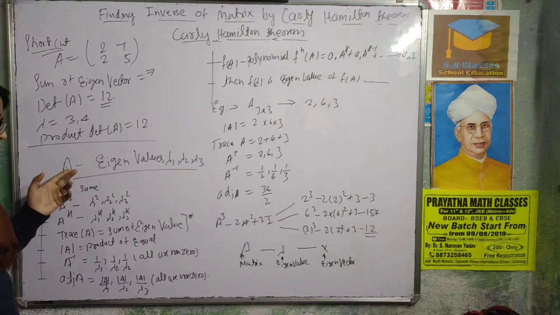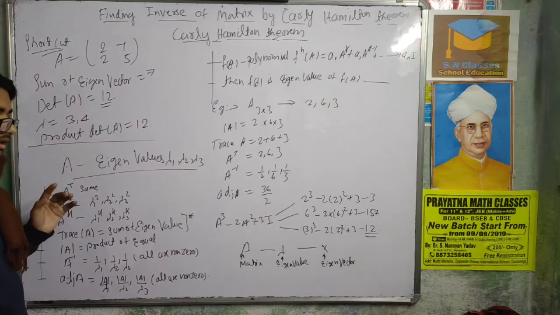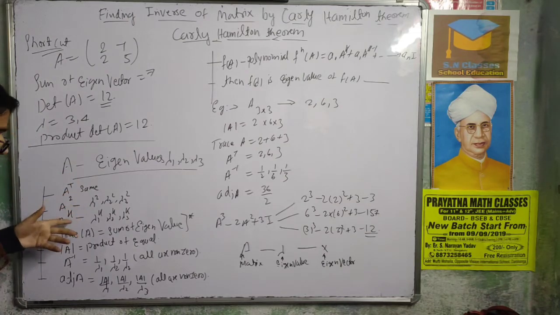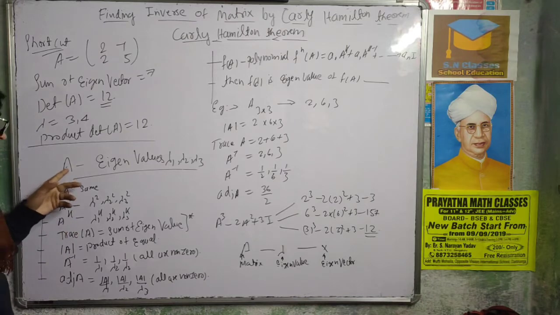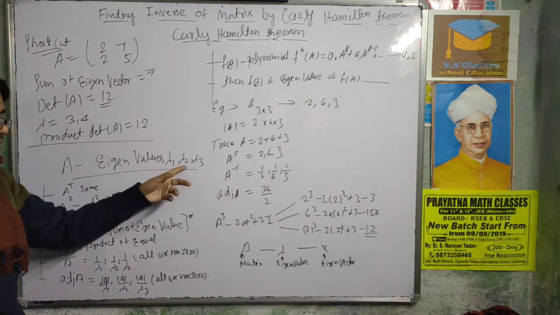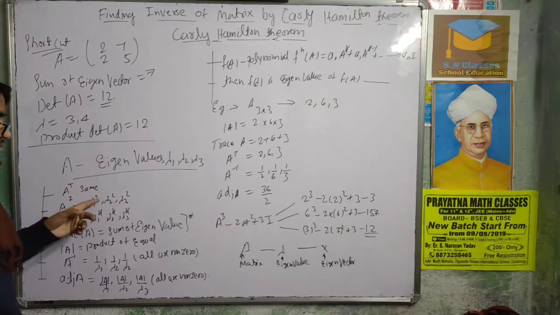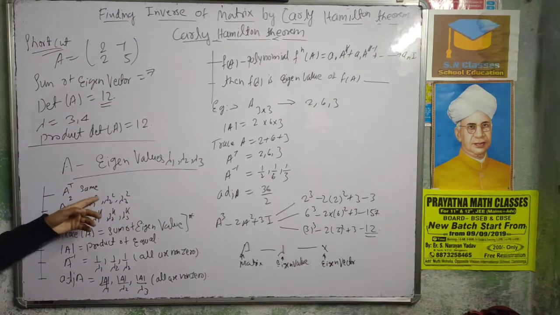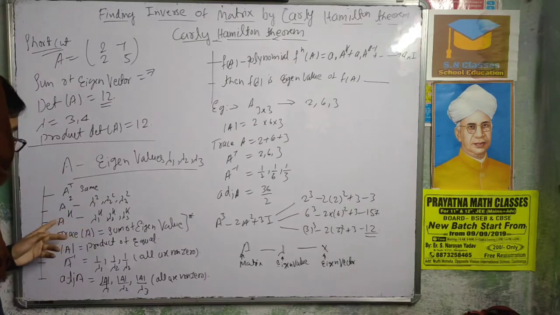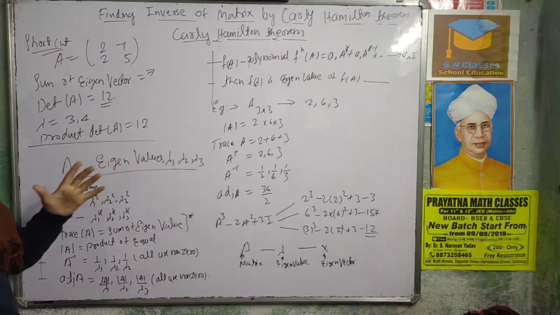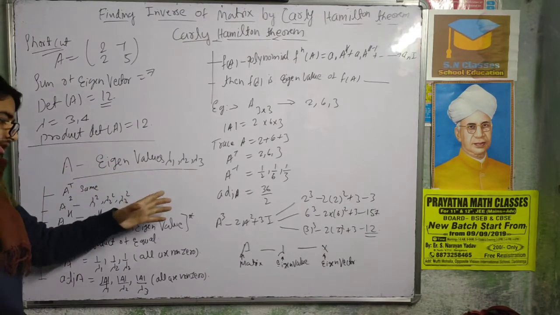No change between matrix A and the transpose of A. For matrix A having lambda 1, lambda 2, lambda 3, if we square the matrix A, then the lambda values also get squared: lambda 1 square, lambda 2 square, lambda 3 square. If A is raised to any power k, then the lambda values are also raised to the power k.